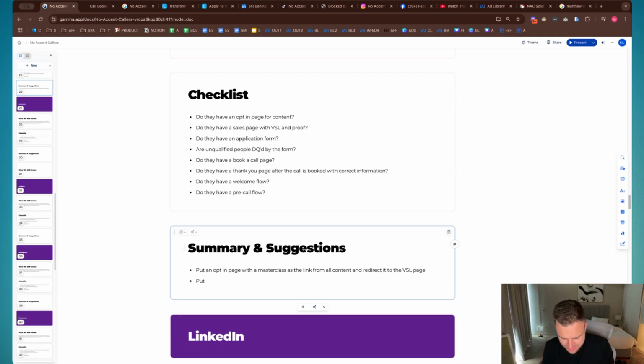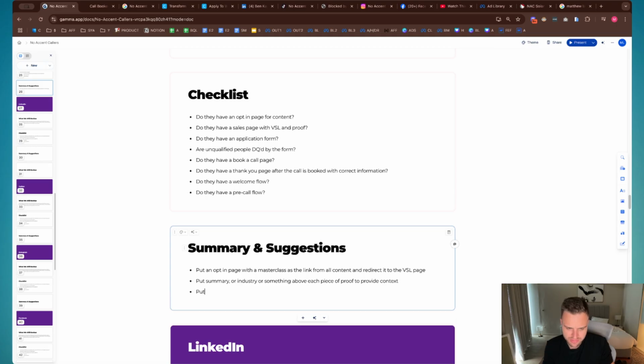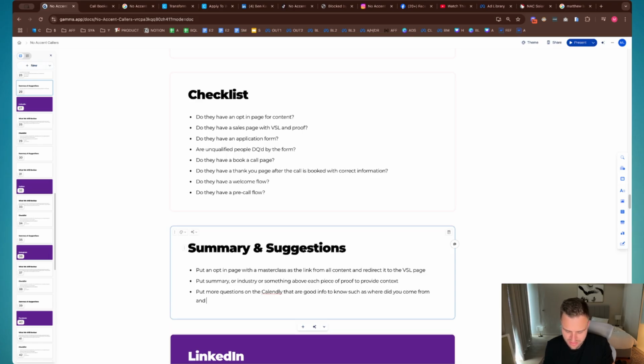Put summary or industry or something above each piece of proof to provide context. Put more questions on the Calendly that are good info to know, such as where did you come from and how long have you known about us.